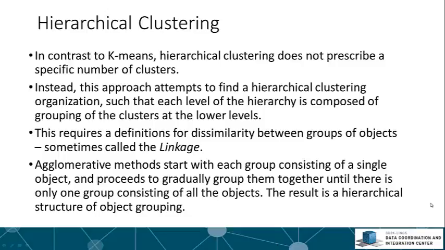Now, agglomerative methods of hierarchical clustering start with each individual object in its own group, and then proceed to join groups together until everything is joined into one unit. And the result of this whole process is a hierarchical tree of groupings, of clusterings.